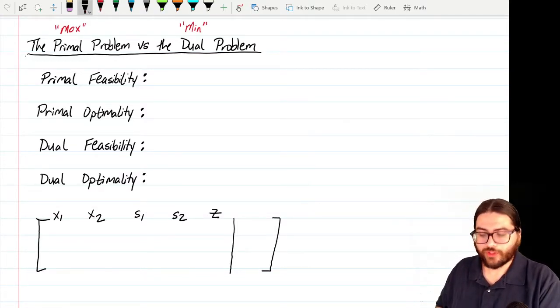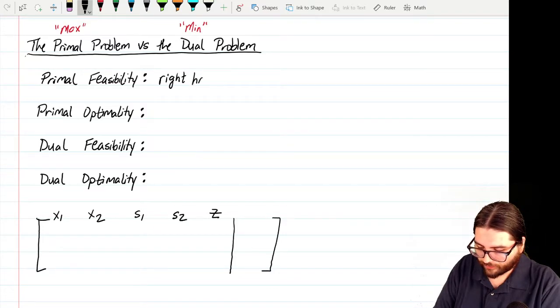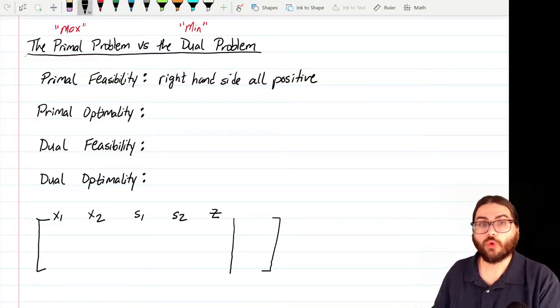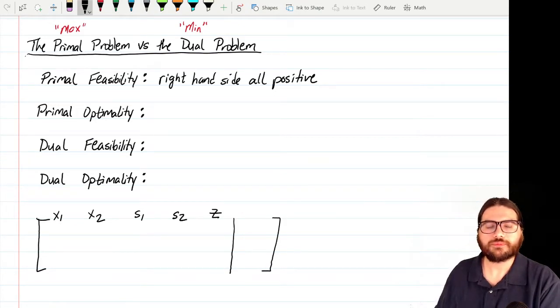Right, so primal feasibility was exactly what we just saw. The right-hand side, always positive. That meant that my inequalities were going in the correct direction, and I was in the feasible region.